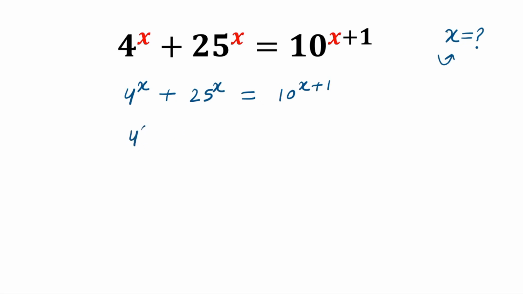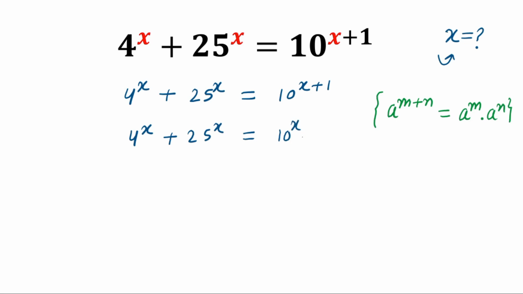In the right hand side we will apply the base and exponent rule, a power m plus n is equal to a power m times a power n. If we apply this rule, then 10 power x plus 1 is the same as 10 power x times 10.